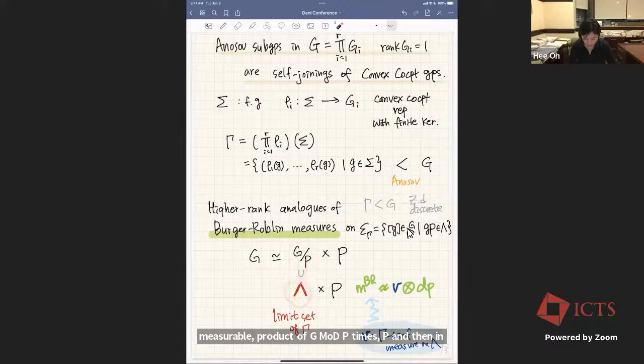We define the limit set as the gamma minimal set in G mod P. Now, if you have a gamma conformal measure on the limit set, then the Burger-Roblin measure will be again a gamma invariant measure, which is equivalent to the product of some gamma conformal measure on the limit set times the Haar measure on P. So it looks exactly the same as the rank 1 case. But the question is, we need to understand what gamma conformal measures on the limit set are in this higher rank case.